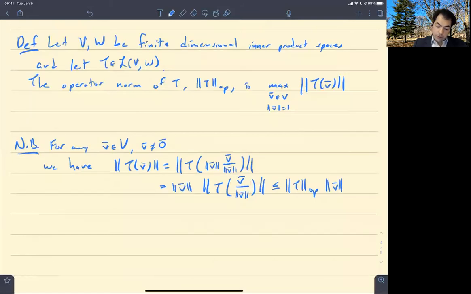Okay, so there we go. We've proven this inequality for any non-zero vector. Of course, if the vector is the 0 vector, then this is equal to 0 and this is equal to 0. So you also have this inequality for the 0 vector.